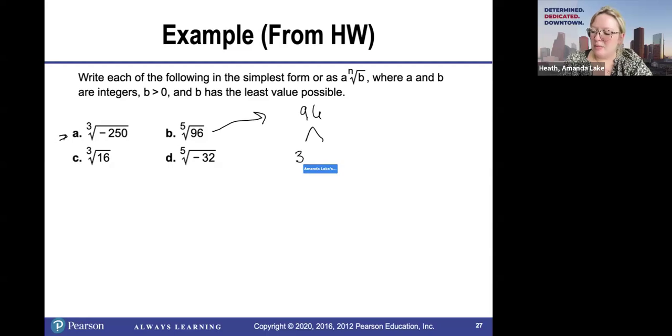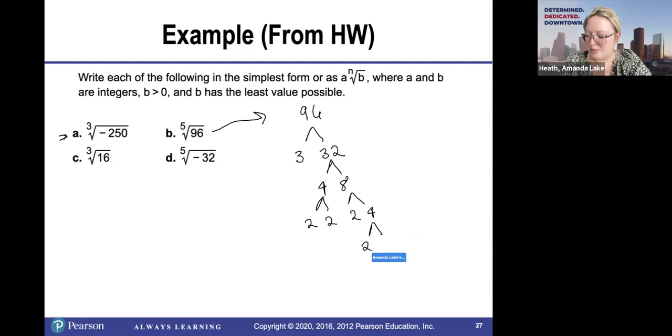So 96 divided by 3 should give me 32. And 32 is 4 times 8. 4 is 2 times 2. 8 is 2 times 4, and 4 is 2 times 2. So I have 1, 2, 3, 4, 5 2's. 2 to the 5th times 3 is the prime factorization of 96.